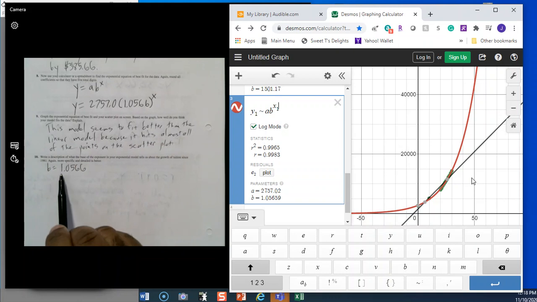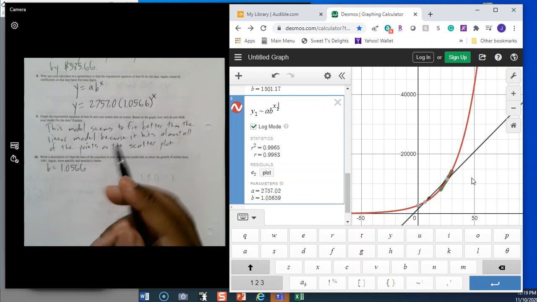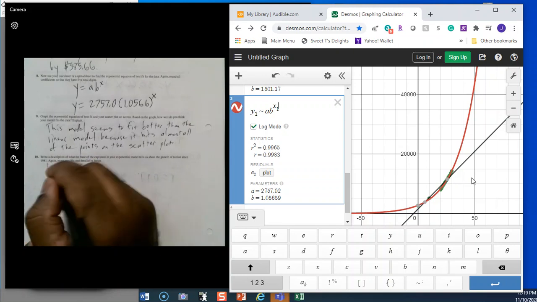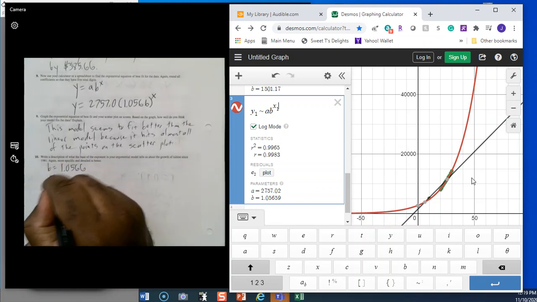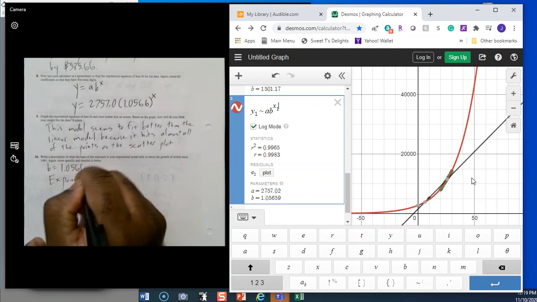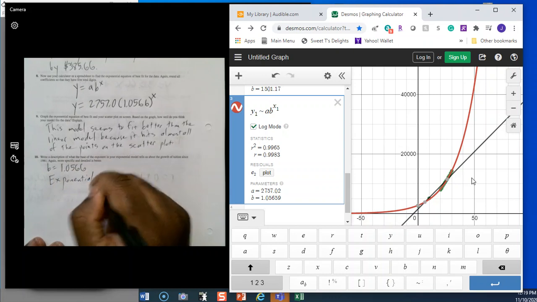Now, whenever you have a digit in front of the decimal that's higher than 0, any digit higher than 0 in front of the decimal, that means that you have exponential growth. So, the first thing we could tell about B is that we have exponential growth.